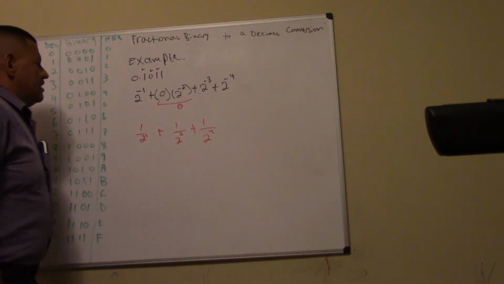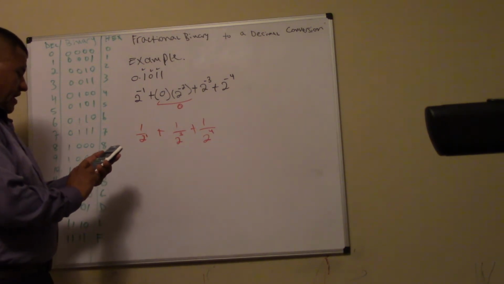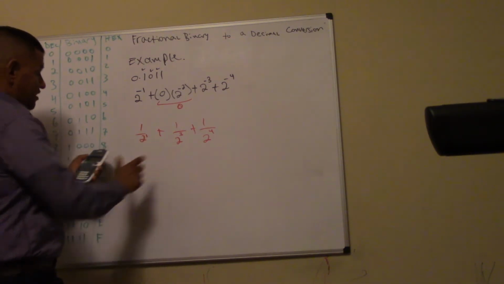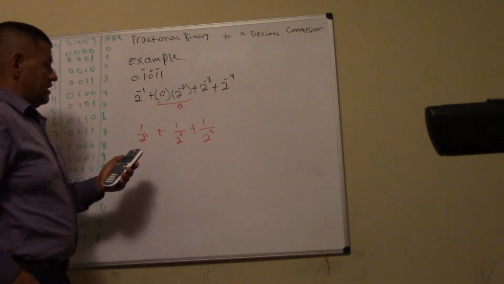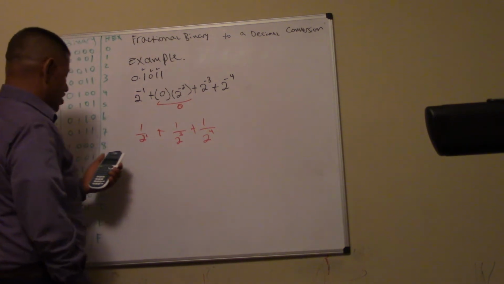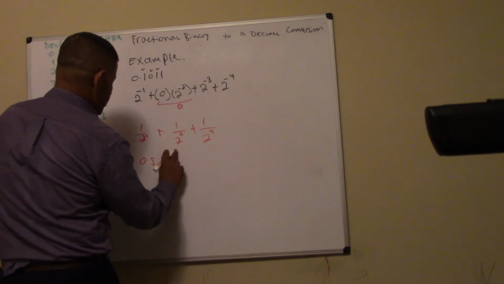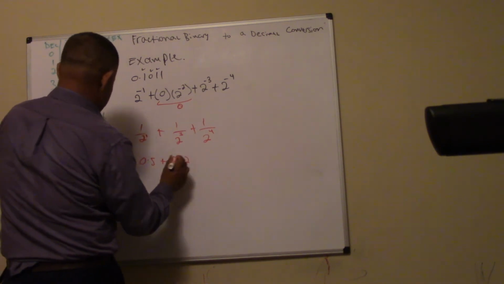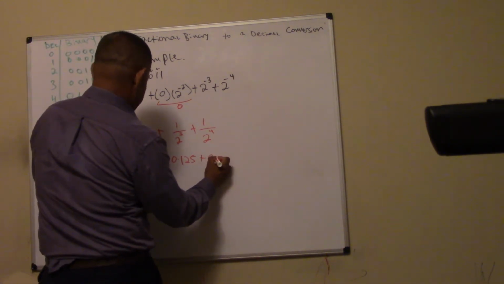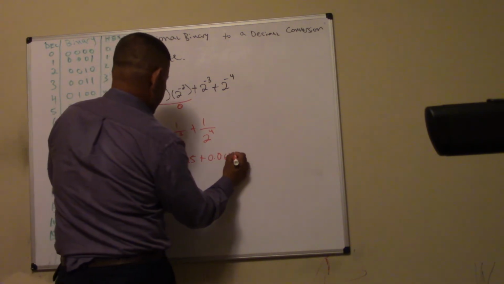Now, let's do the math. We know here we get 1/2, so this is 0.5, plus 1 over 8, which is 0.125, and then here is 1 over 16, which is 0.0625. So you get 0.5 plus 0.125 plus 0.0625.